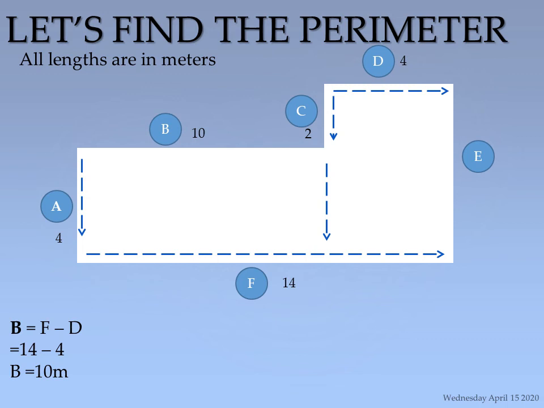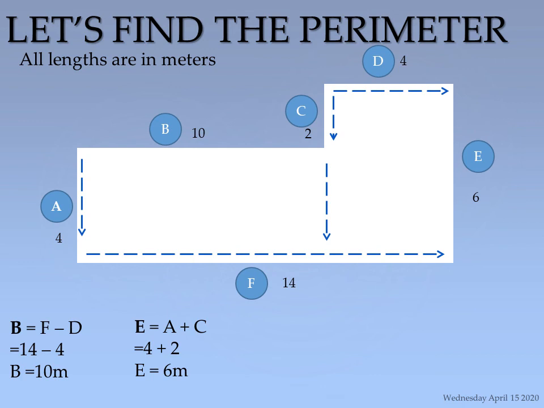So if we put the two lines together, we'll find out that it will make the full length of line E, right? So we add 4 and 2. It means line E will be equal to line A plus line C. And what is line A plus line C? 4 plus 2, and our answer surely is 6 meters. So now we know that line E is 6 meters.